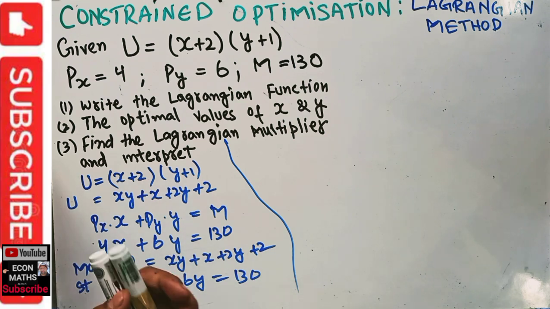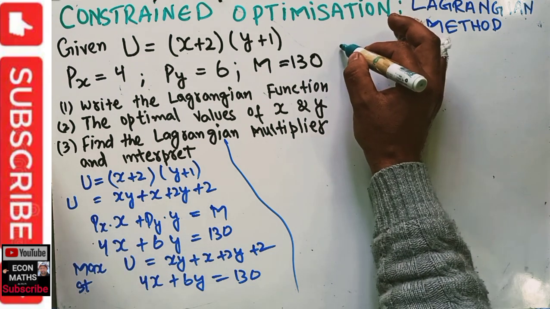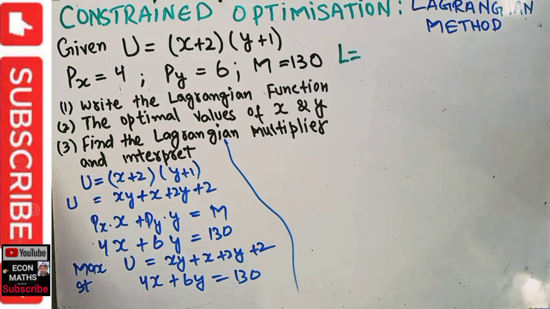First we need to find the Lagrangian function. We add this utility function, and first we manipulate the budget constraint. If I transpose all the terms to the RHS, it becomes 130 - 4x - 6y = 0.